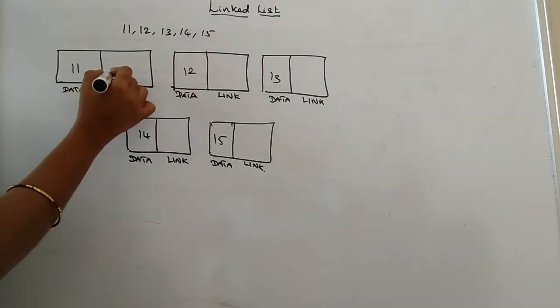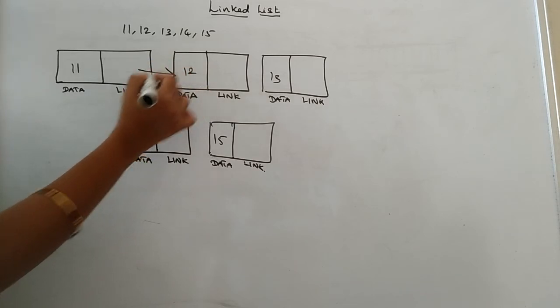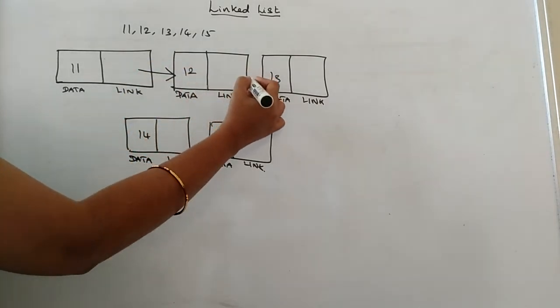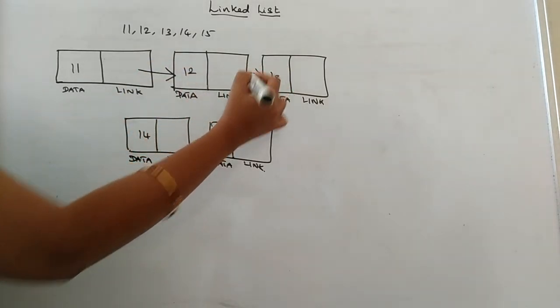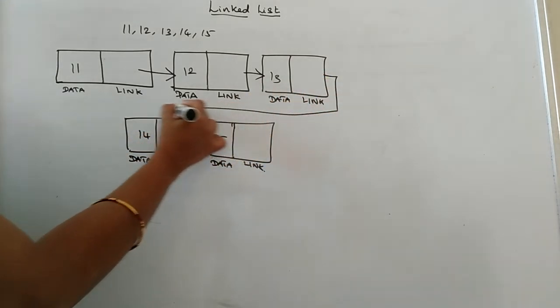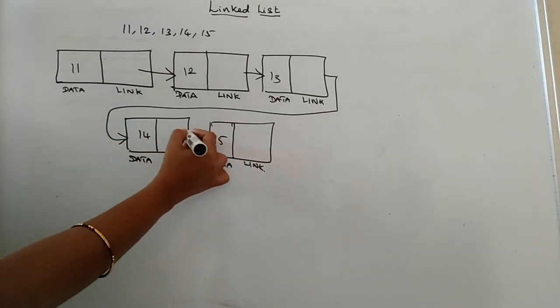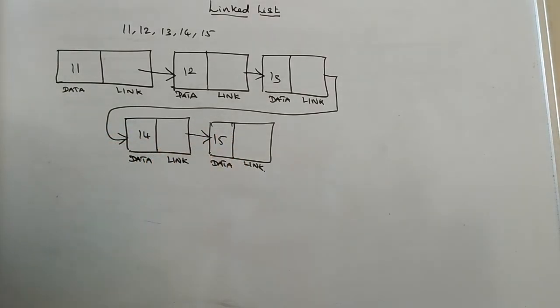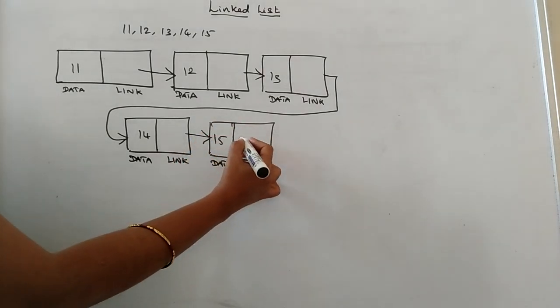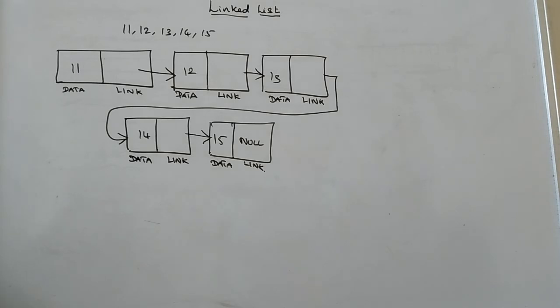Okay. So the link of the first node will point to the second node, and the link of the second node will point to the third node. The link of the third node will point to the fourth node, the link of the fourth node will point to the fifth node, and the link of the fifth node will be null because there is no other node next to it.